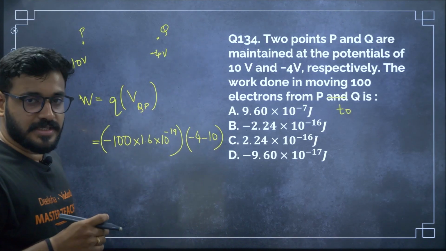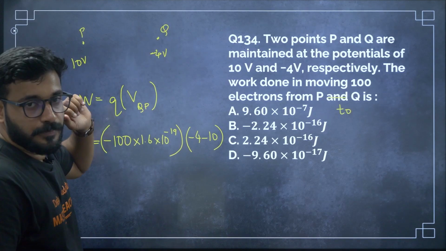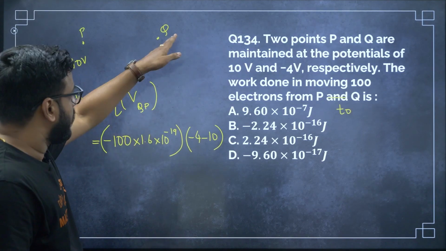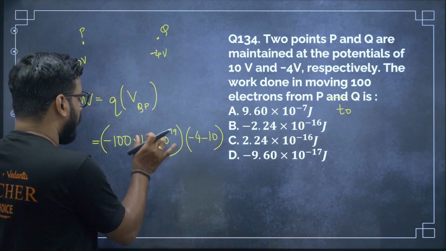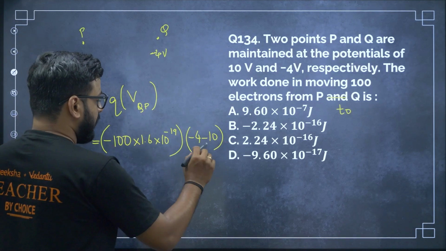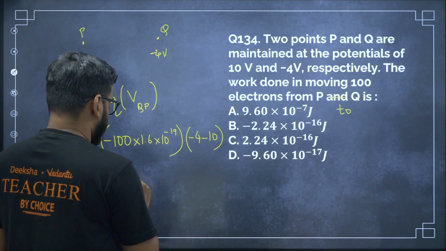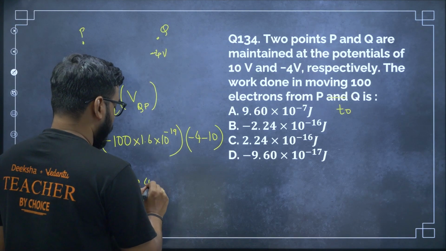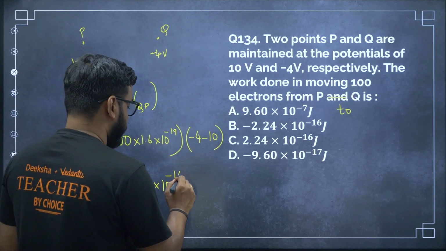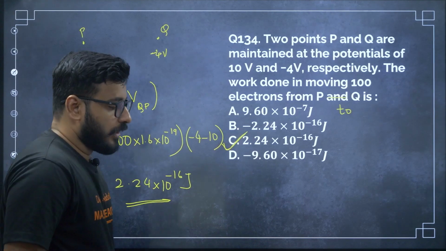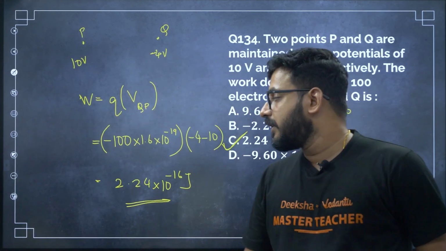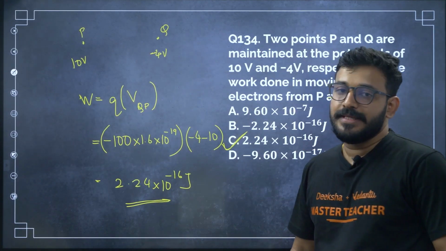Minus 4 is the potential at Q, minus P. You can do the calculation yourself, it is minus 14 into this. Minus minus is plus, so you get 2.24 into 10 to the power minus 16 joules. The correct answer is option C.